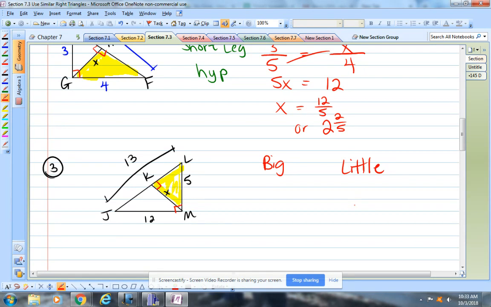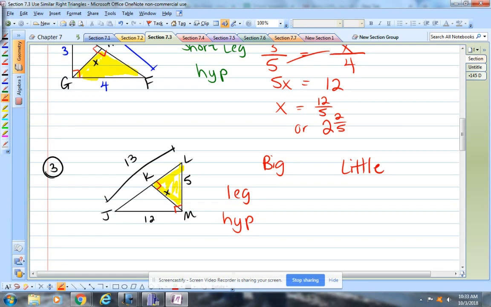The hypotenuse. Are y'all with me? So I need to use a leg and a hypotenuse. Because that's what I'm trying to find, a leg, and I know the hypotenuse. And I believe it's going to be the short leg. I don't know. Let's look at the orientation of that.